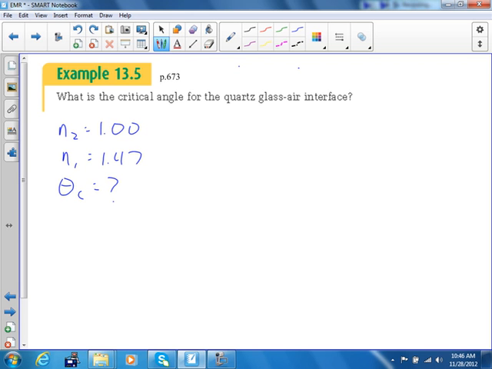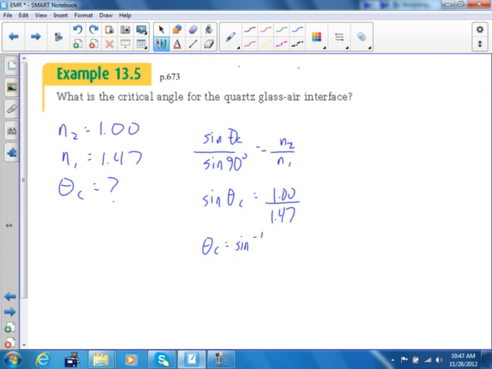Let's say from scratch here, sine theta c over sine 90, because we're always setting theta 2 equal to 90 degrees in these questions, is equal to n2 over n1. Or we're going to say sine theta c is now equal to 1.00 over 1.47, or theta c will be equal to the inverse sine of 1.00 over 1.47.